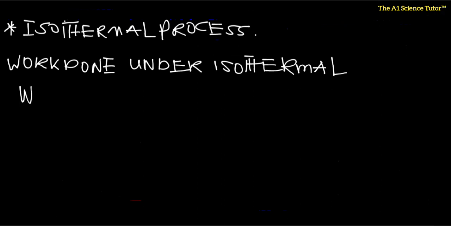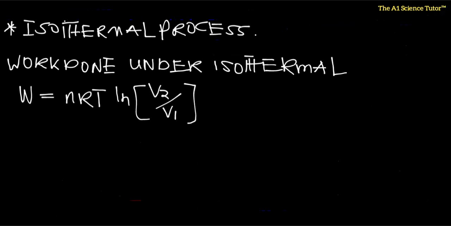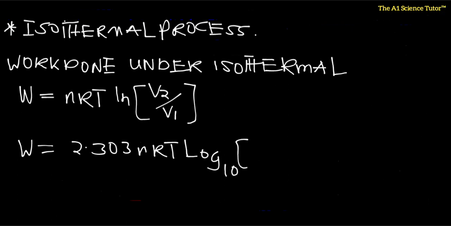We know that work done is written as W, and that is equal to nRT ln V2 over V1. Although it's very possible to change the natural logarithm and use the common logarithm, and by doing that, we should have 2.303 nRT, now with a logarithm to the base 10, and then we still have V2 divided by V1.